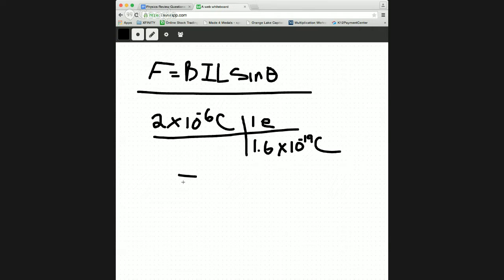So then when you figure that out, 2 times 10 to the -6th divided by 1.6 times 10 to the -19th, you get 1.25 times 10 to the 13th.